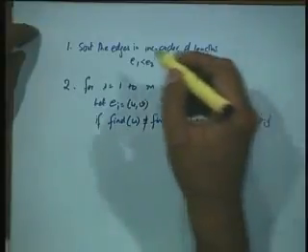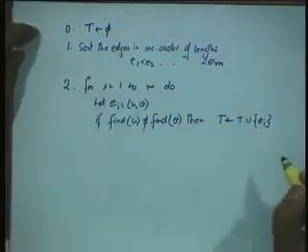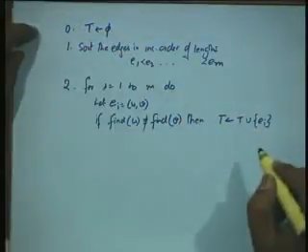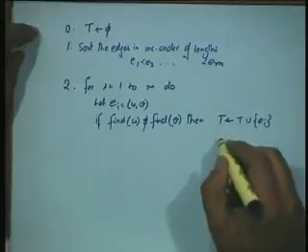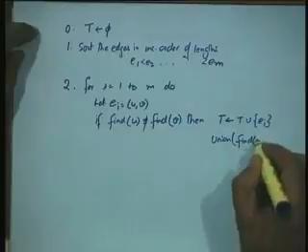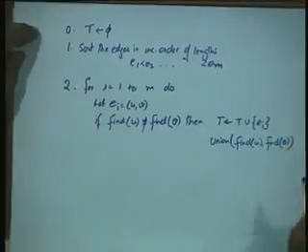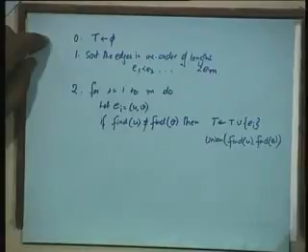So I should have some T initialized to null, and what else should I do? Union of find u and find v.